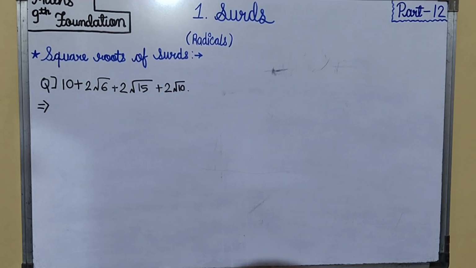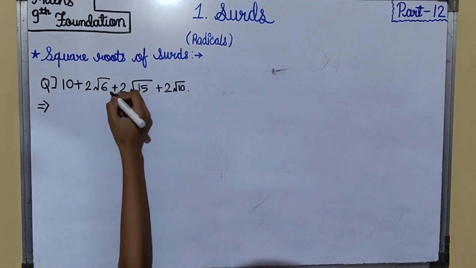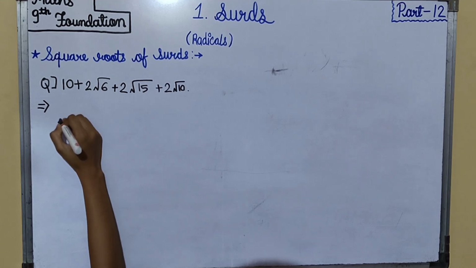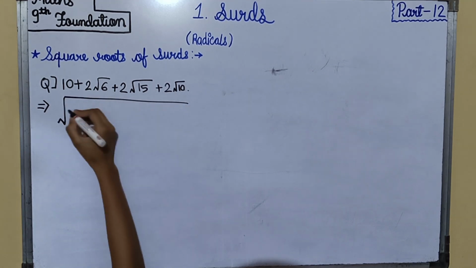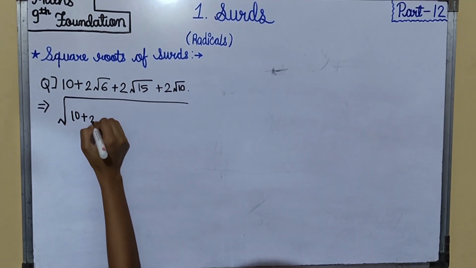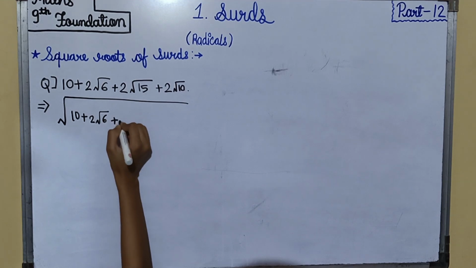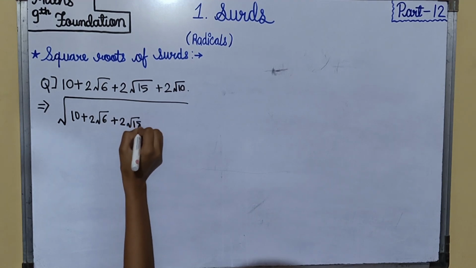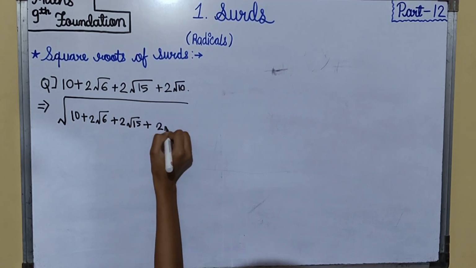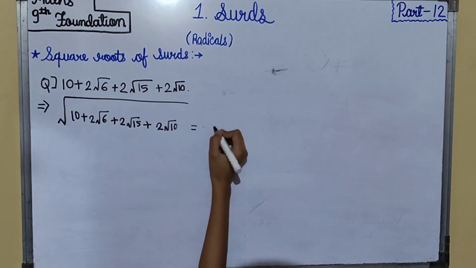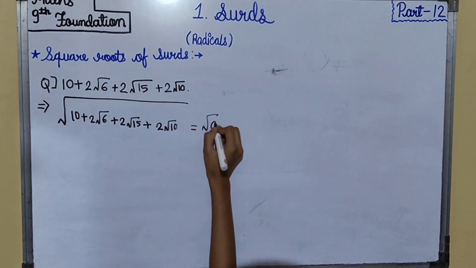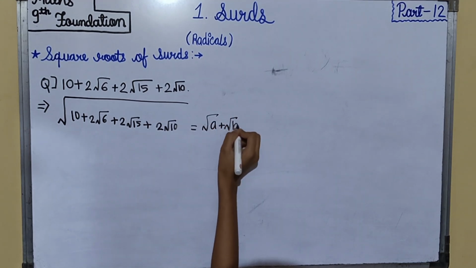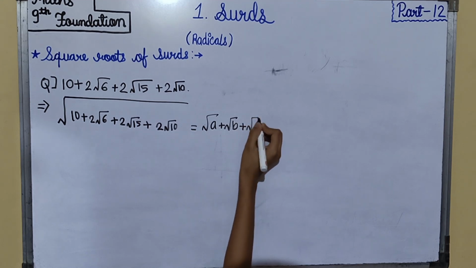So here the formula will be, we have to find the root. So root of 10 plus 2 root 6 plus 2 root 15 plus 2 root 10 should be equal to root a plus root b plus root c.